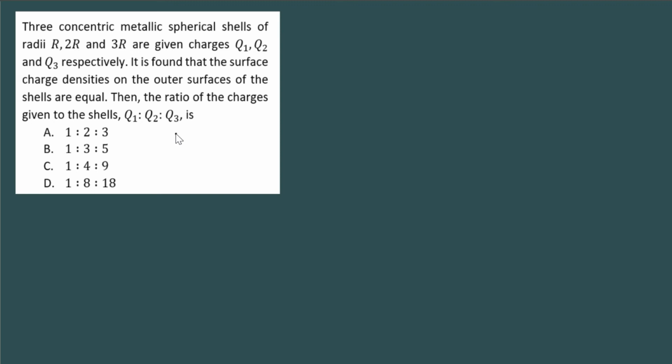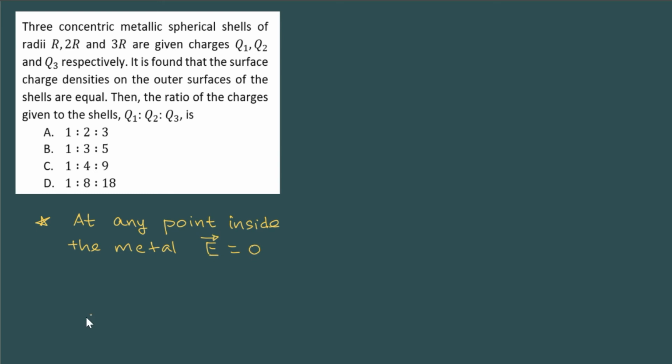So we need to understand one very important thing here. At any point inside metal, the electric field must be zero. One of the properties of isolated metals is that at any point inside the metal, the electric field must be zero.